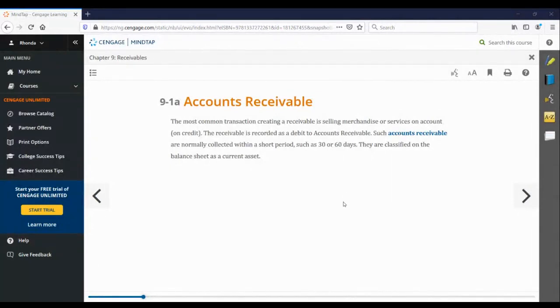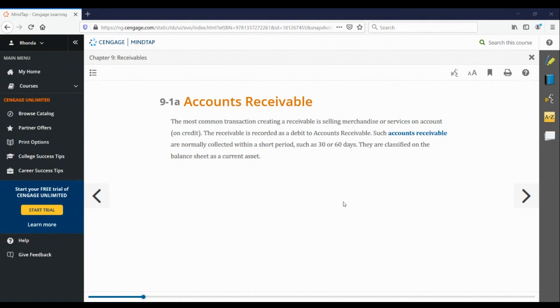Okay, wonderful. What I want to talk to you about today is our receivables in this chapter. We're working in Chapter 9. You already know about one of the types of receivables that we're going to be talking about, and that is accounts receivable. You'll remember that accounts receivable is an asset account, and it is usually collected within a short period of time.